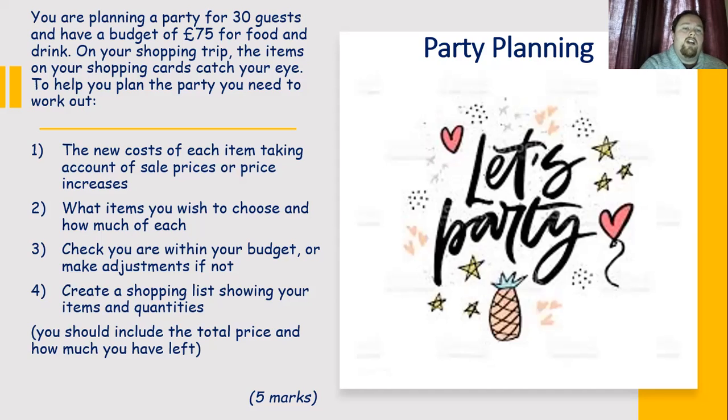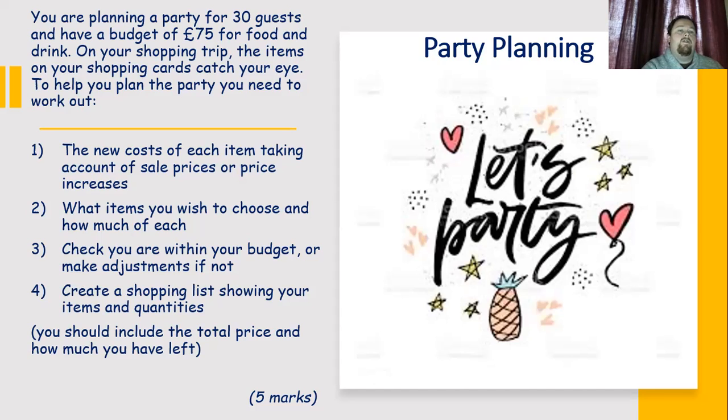You need to decide what items you wish to choose and how much of each. You check you're within your budget or make adjustments if not. You need to create a shopping list showing your items and quantities. You should include the total price and how much you have left.